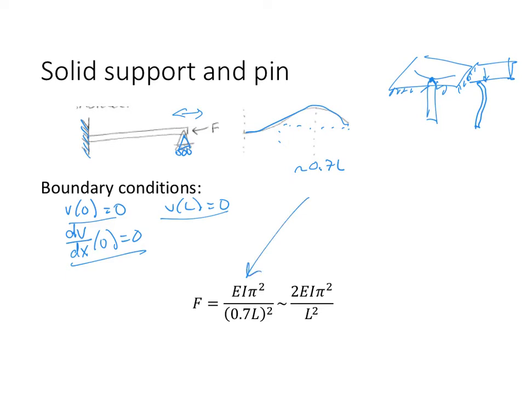So when we plug that into the Euler buckling force formula for the pin and hinge, we now get that the Euler buckling force for the solid support and hinge is twice that of the force for a hinge and pin. That is, this is slightly harder to buckle than one by a hinge and a pin by holding the one support solid.